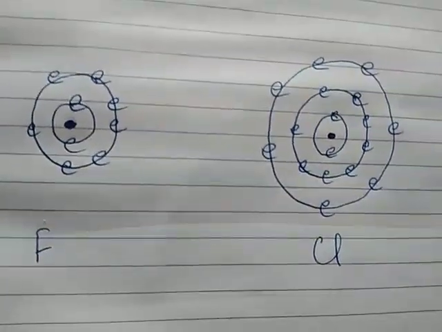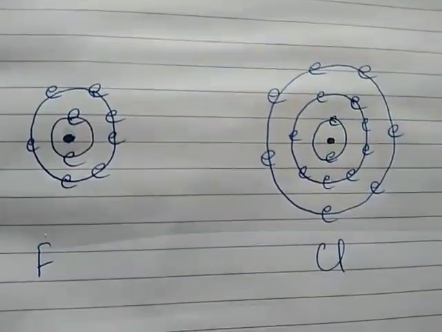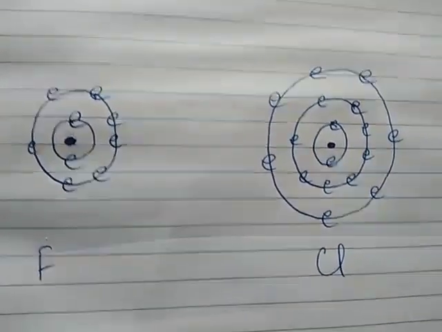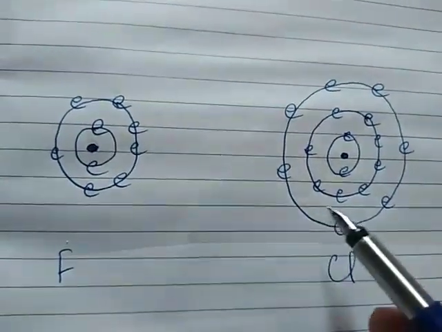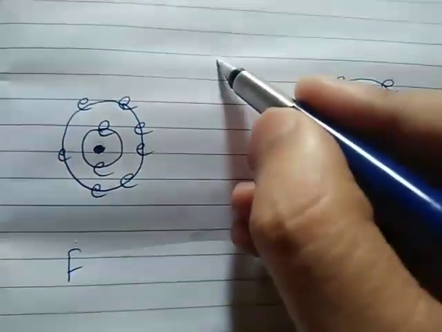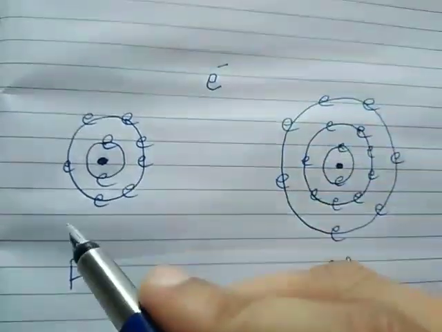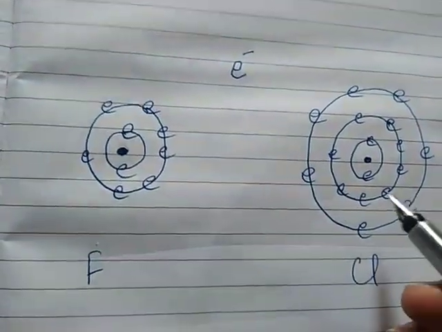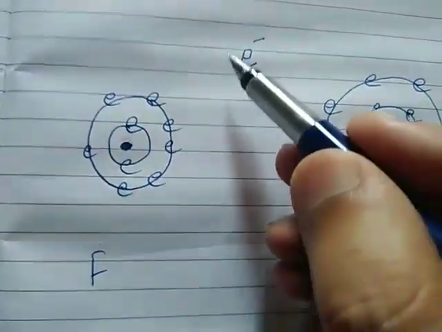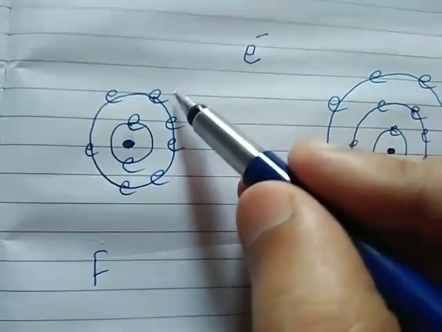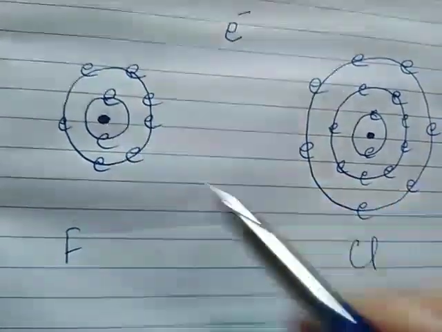Fluorine has how many shells? 2 shells, and chlorine has 3 shells. You can see the valence shell of fluorine is this one and the valence shell of chlorine is this one. Now if there is some electron outside of fluorine and chlorine, fluorine will attract the electron more readily towards itself because fluorine is more electronegative than chlorine.